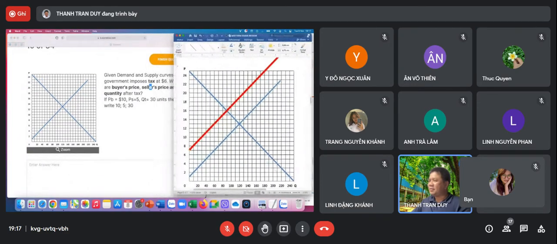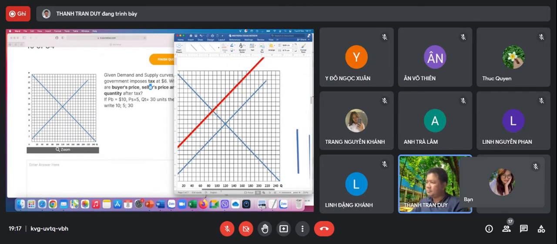So what is the buyer price? How much is the buyer price? Just type in the chat. What is the buyer price? 16.